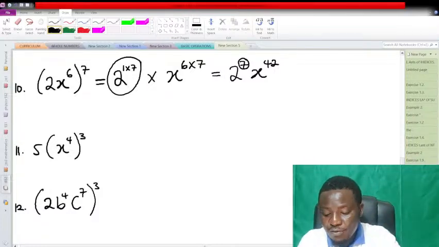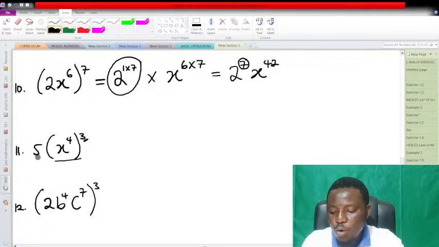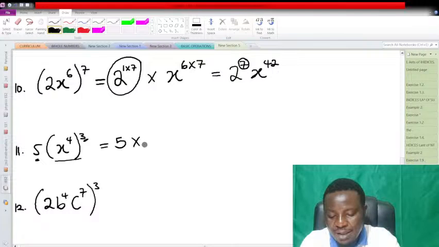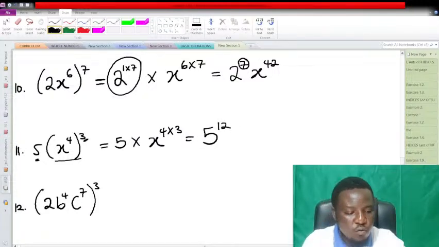In question 11, now look at question 11. This power only affects what is in the bracket. So this power will not affect 5. So that this gives you 5 times x raised to the power of 4 times 3, which is equal to 5 times x raised to the power of 12.